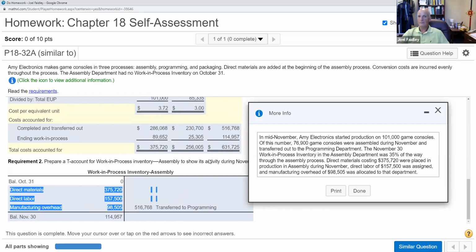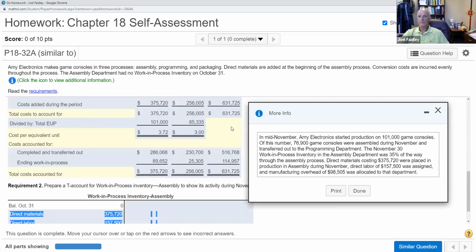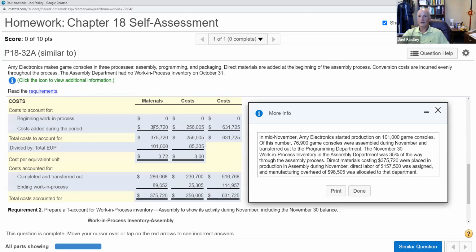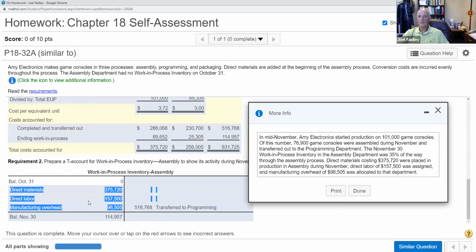These numbers right here are a little confusing because in reality, what that is, is the 631,725. See, the 375,720, and then they break out this 256,005 into labor and overhead.